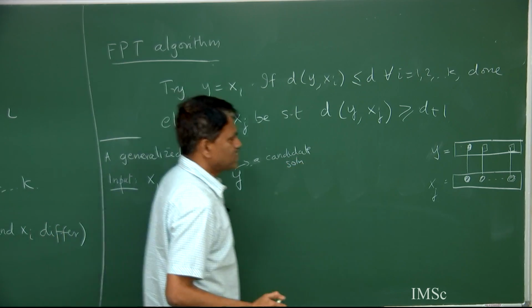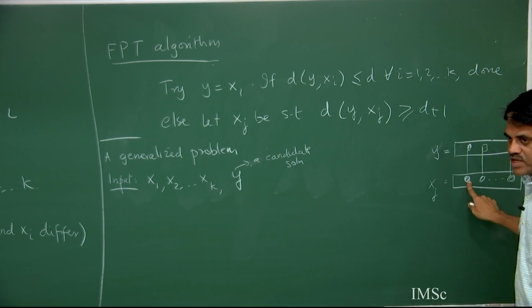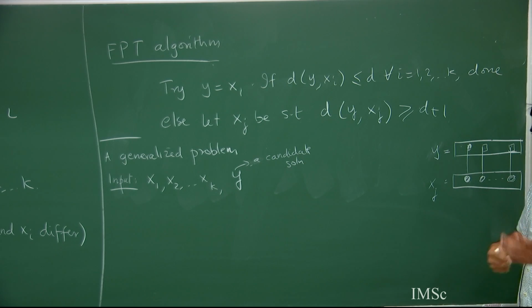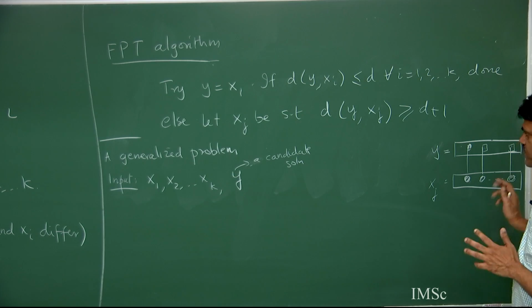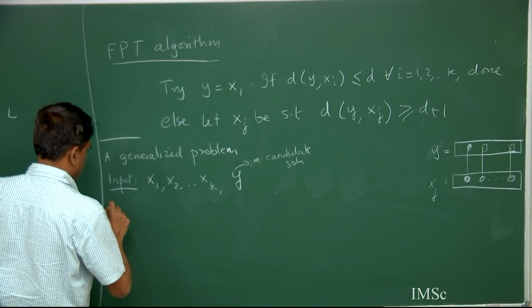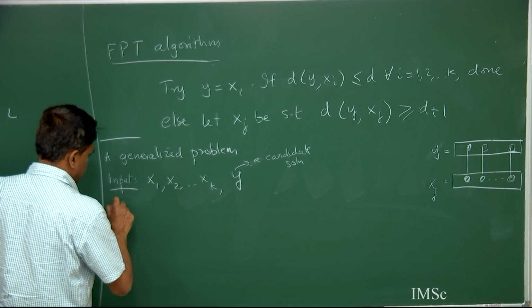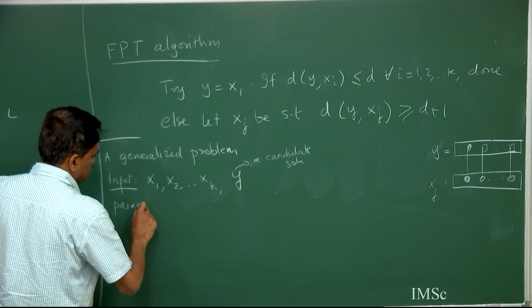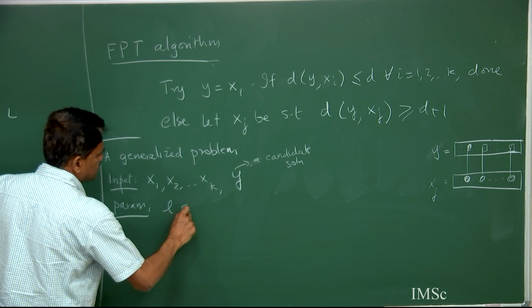The problem is that I might change this to this, and in some other branch I do not want this to be changed again. Then you are getting into various loops. I want to carefully capture what I am doing. So, this is one, and I have a measure, let us say some L which is less than or equal to d.